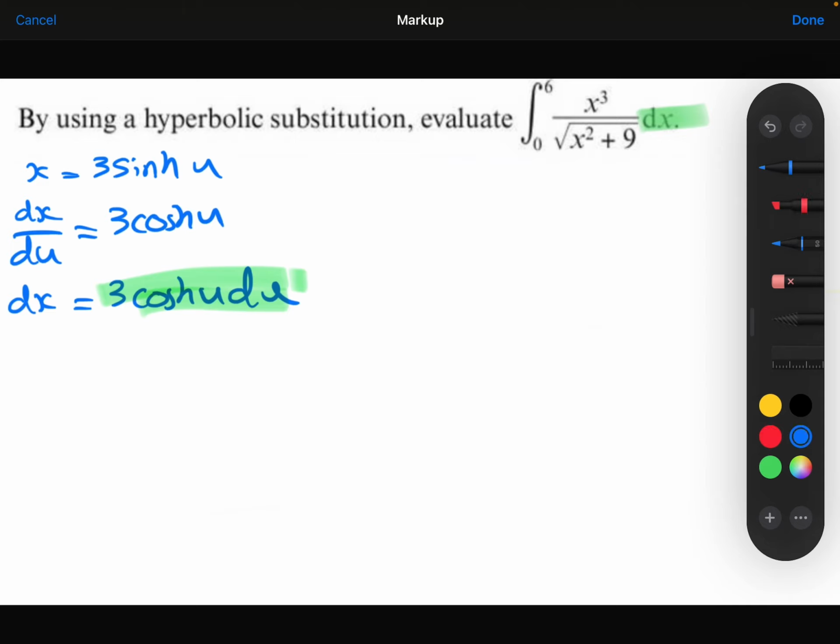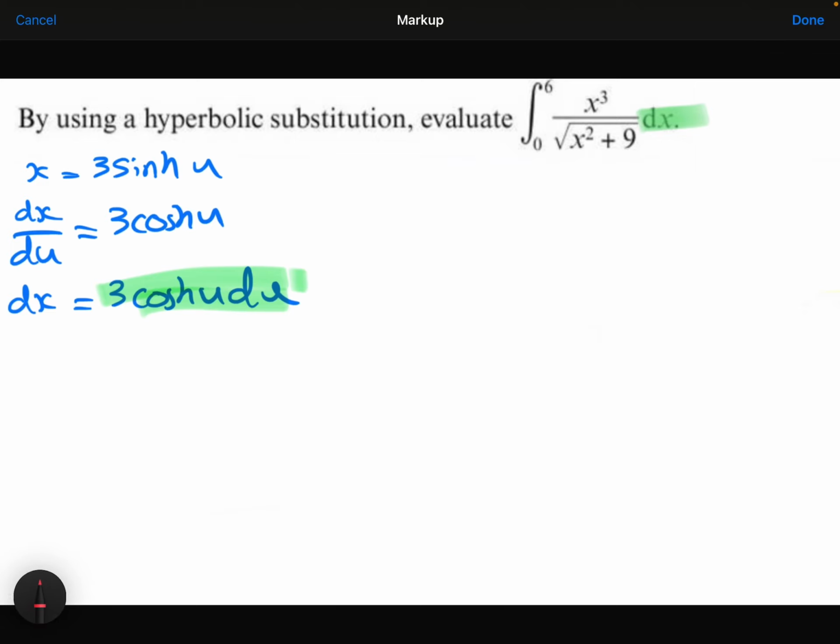So when x equals 0, my lower limit, that's going to mean that 3 sinh u is equal to 0. So sinh u would equal 0, and u will be r sinh of 0, which will be 0.